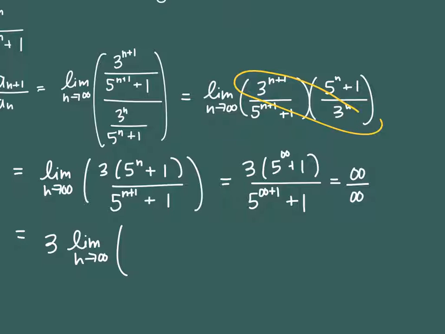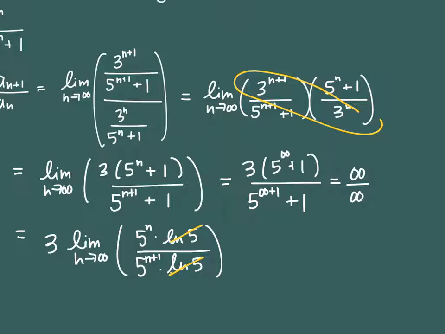So the derivative of 5 to the n plus 1 is 5 to the n times ln 5. And the derivative of 5 to the n plus 1 plus 1 is 5 to the n plus 1 also times ln 5. So now I can reduce those.